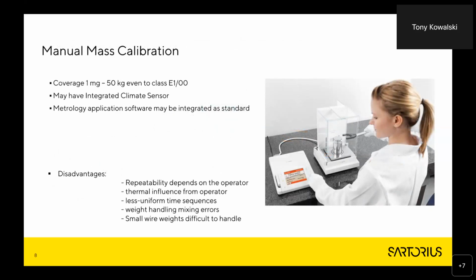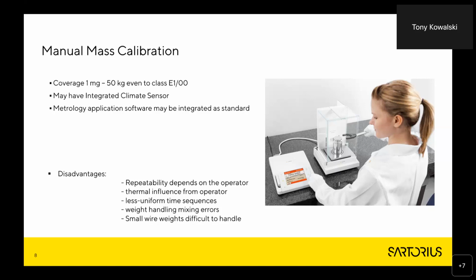Okay, so let's first of all look at how we might manage using manual mass comparators. It's possible with enough mass comparators to cover the range, even at class E1, we can calibrate weights all the way from 1 milligram up to 50 kilograms. We may need several mass comparators to cover that range without leaving any gaps.